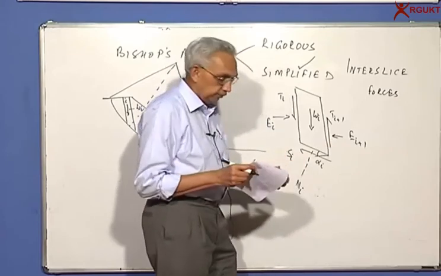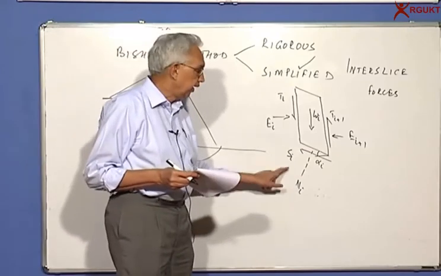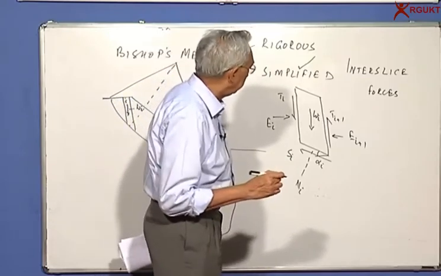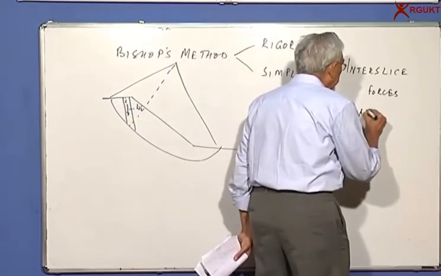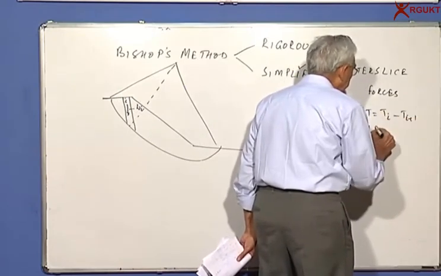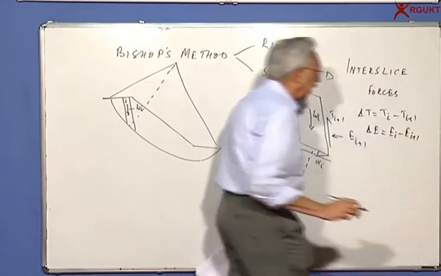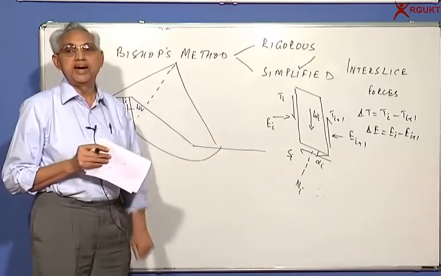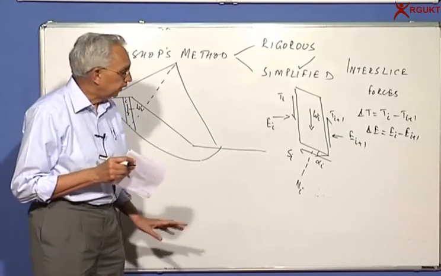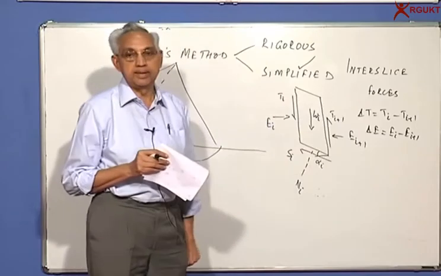And then the rest of the forces are exactly the same as before. As you can see, the normal force Ni and the shear force Si. Maybe in order to simplify that, delta T is equal to Ti minus Ti plus 1, and delta E is equal to Ei minus Ei plus 1. This is the net force which is being added to the forces on the ith slice. So earlier we neglected these forces and simply satisfied equilibrium.